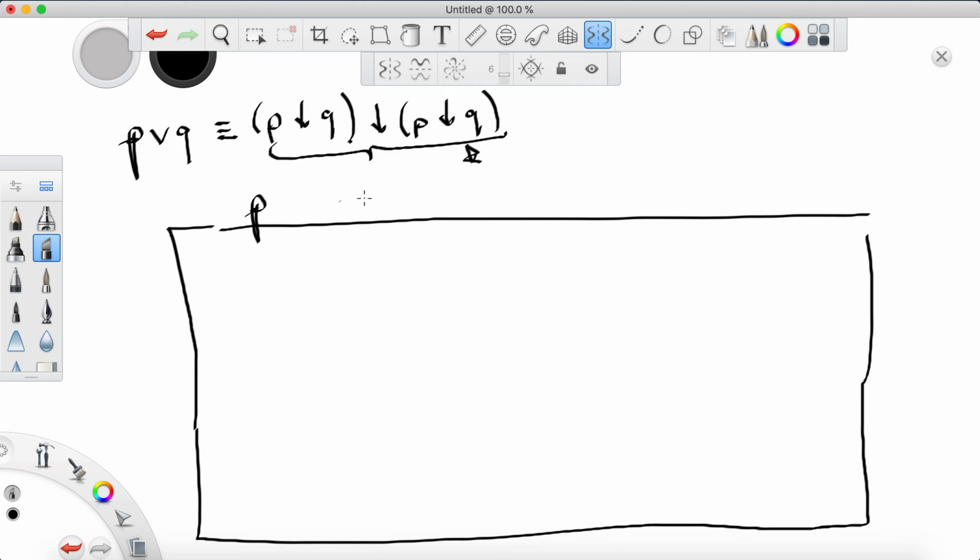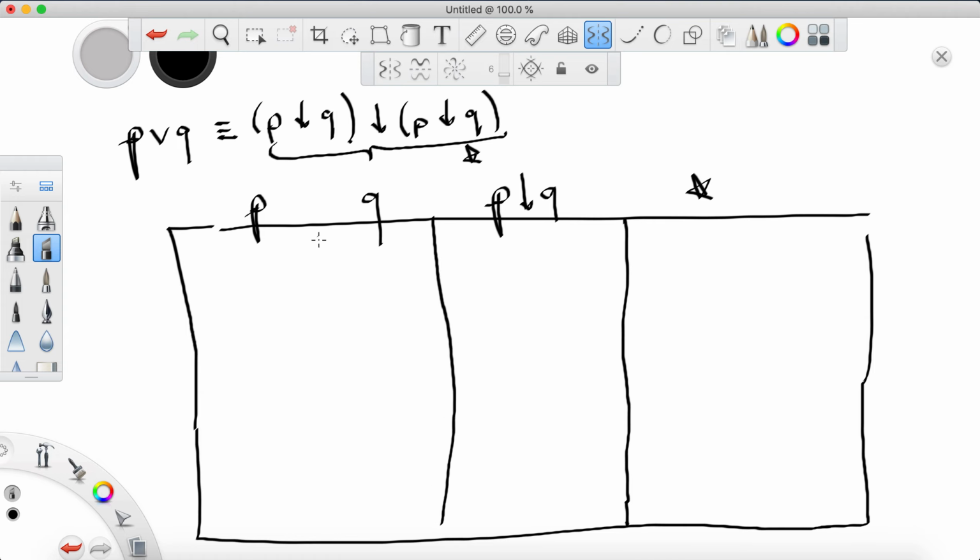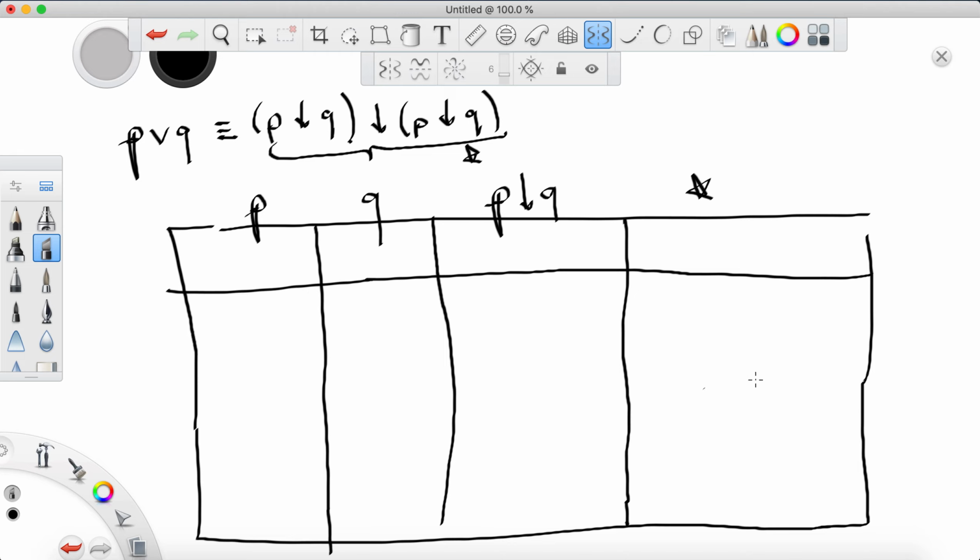So we have P, we have Q, we have neither P nor Q, and then we have star. And again, star is just me trying to fit that whole expression there, knowing that it's a lot to write. How many rows do we have? Well, we have two variables, so we have 4 rows.